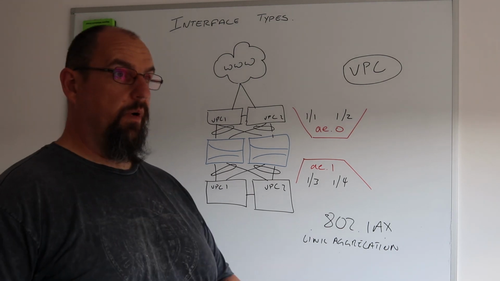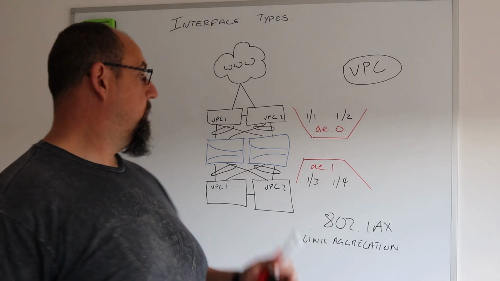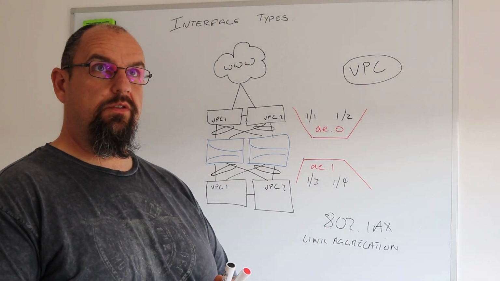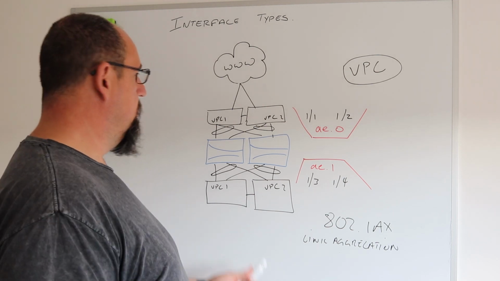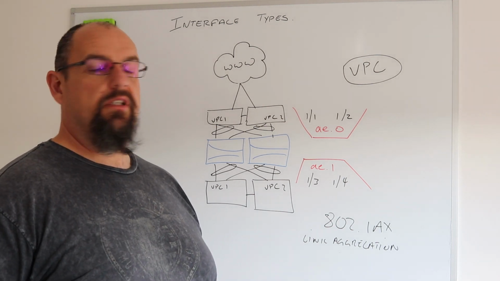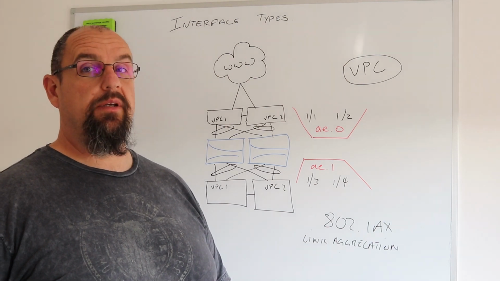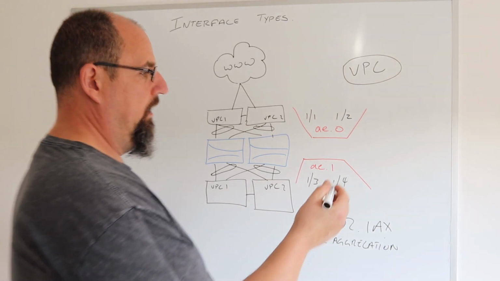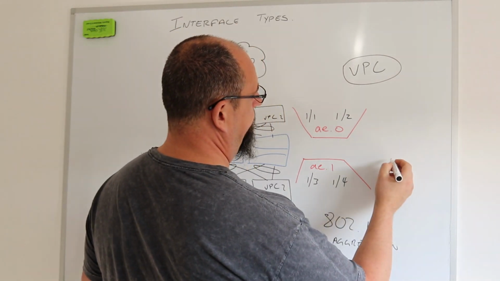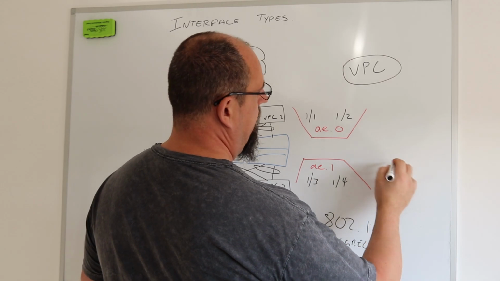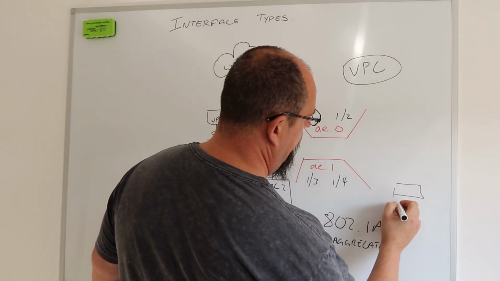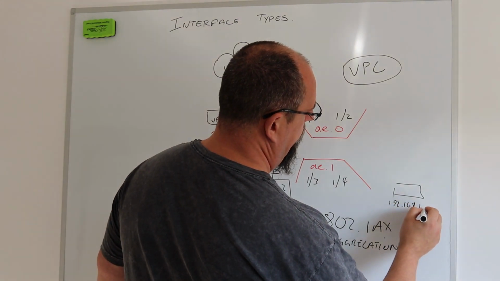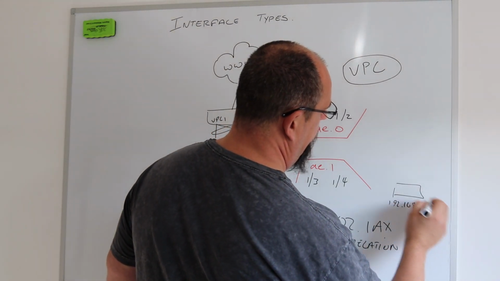When you really want to go into link aggregation, there are several ways in which hashes are created to decide what traffic goes down which link. Usually a lot of it is based on source and destination IP address. So let's say you have some hosts down here on the 192.168.1.0/24 network.